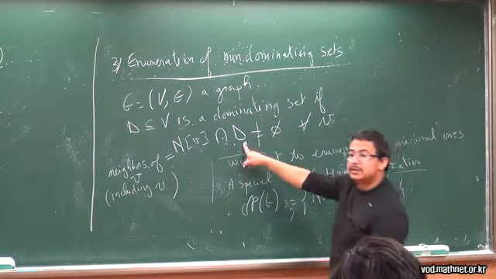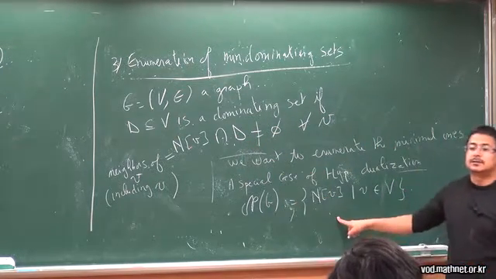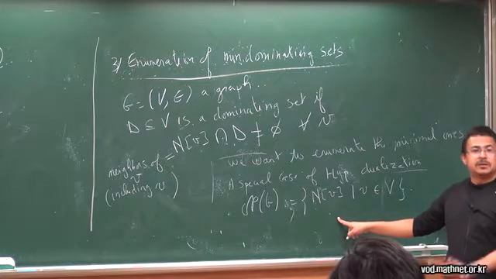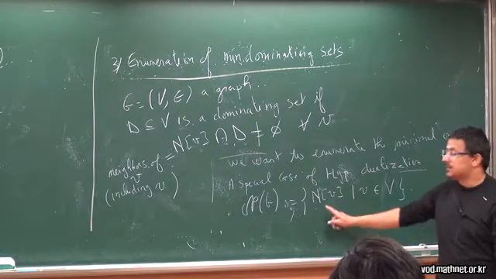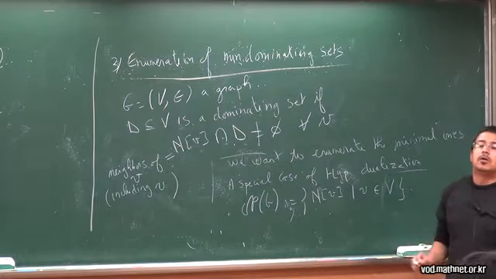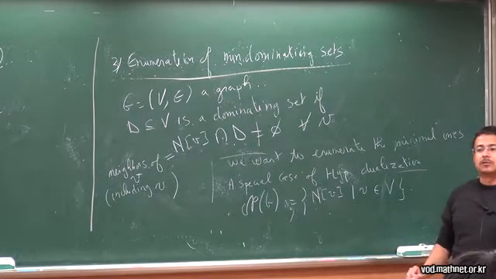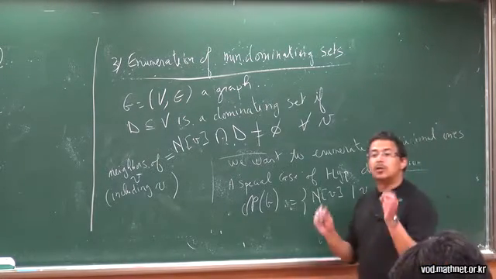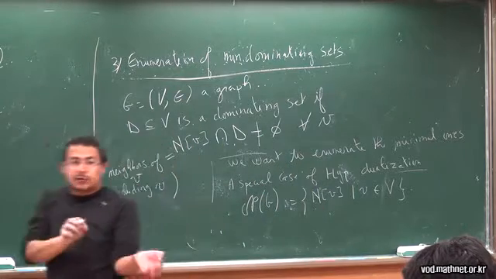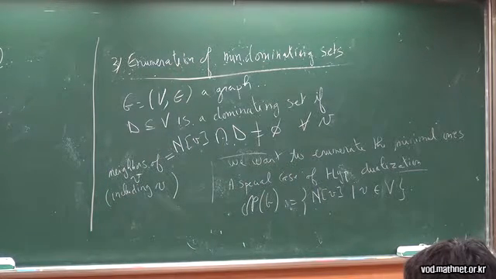Then you are a dominating set if you are a hitting set. So enumerating the minimal dominating sets of your graph is similar to enumerating all the minimal hitting sets of this hypergraph. The reduction is polynomial, in the sense that from the graph, in polynomial time with respect to the graph, you can construct this hypergraph.